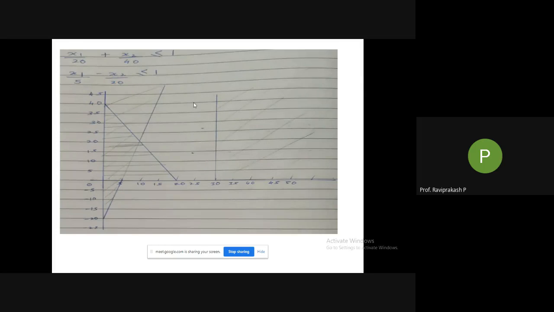If you see the scale here, I have taken 1 centimeter equal to 5 units, for both the x-axis and y-axis. Based on the space available and the points, you can take your own scale if you don't want to follow this.